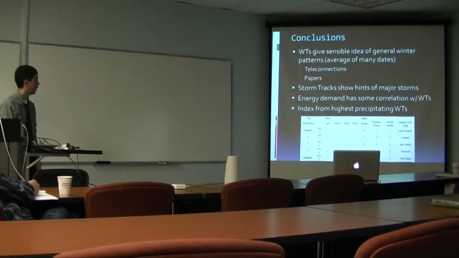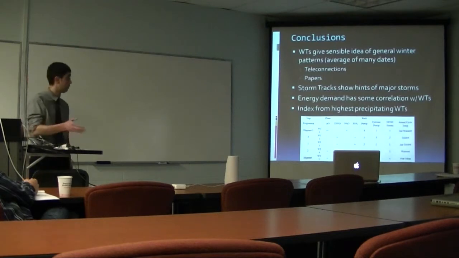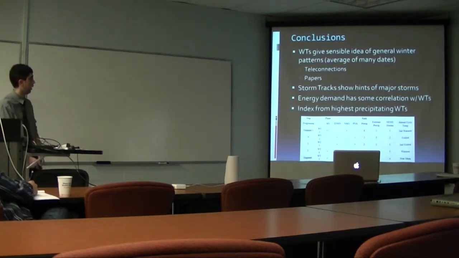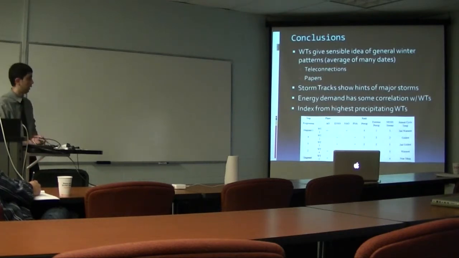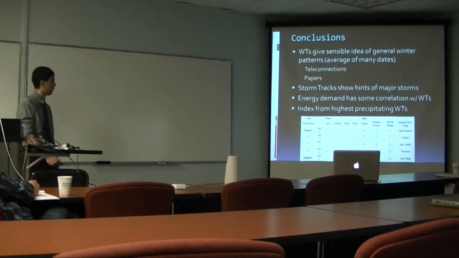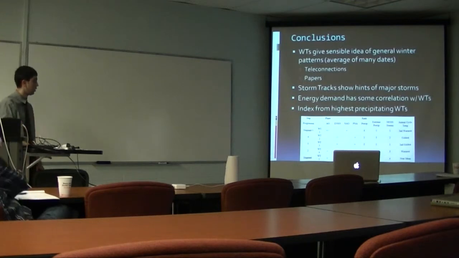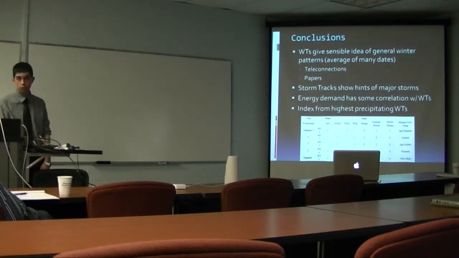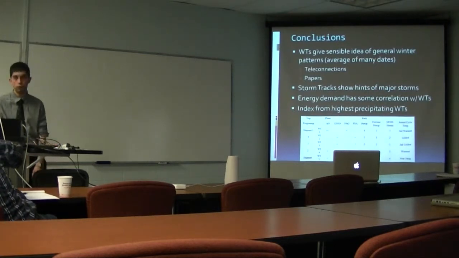And then the index uses the WTs with the highest precipitation and the strongest storm tracks. And so that's what we've used to kind of gauge storminess. And the last thing I've shown here is a table of all the teleconnections, precipitation, and annual cycle temperature, and sort of the steps and progression and the phase and which ones were warmest and coldest.